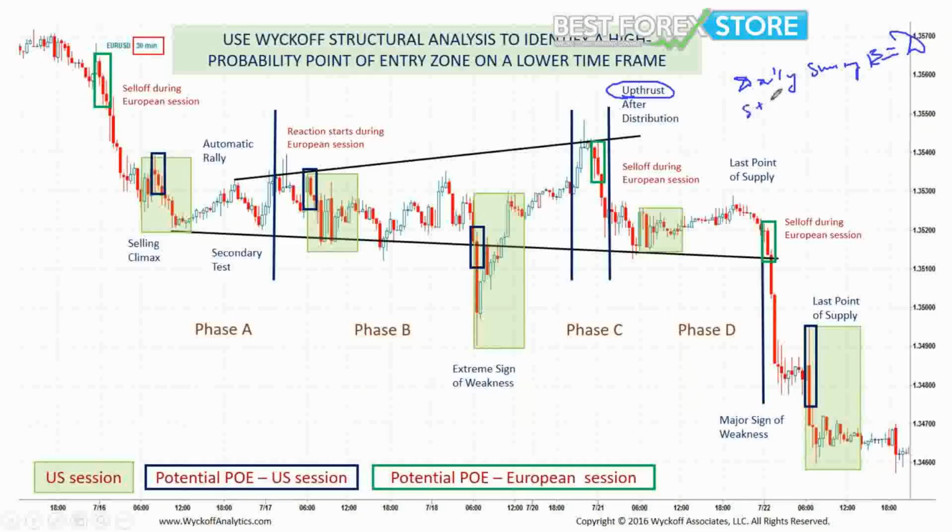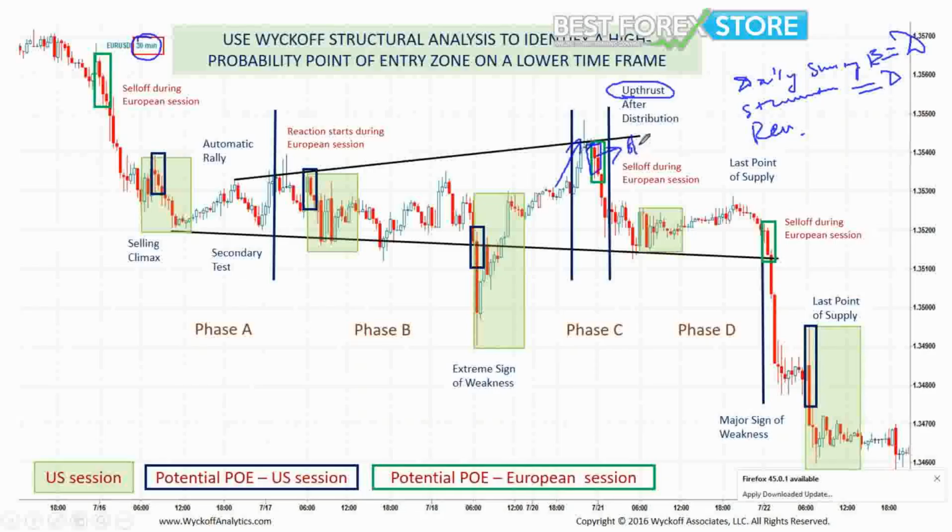Our structural bias is going to be down here too because of the upthrust and this action right here. Then we're just waiting for the reversal on, let's say, 30 minutes, and it comes right here. So our bias here turns from going up to down as well. So three down biases right here. We are in such a good spot. This is one of the best spots, when everything is being confirmed.